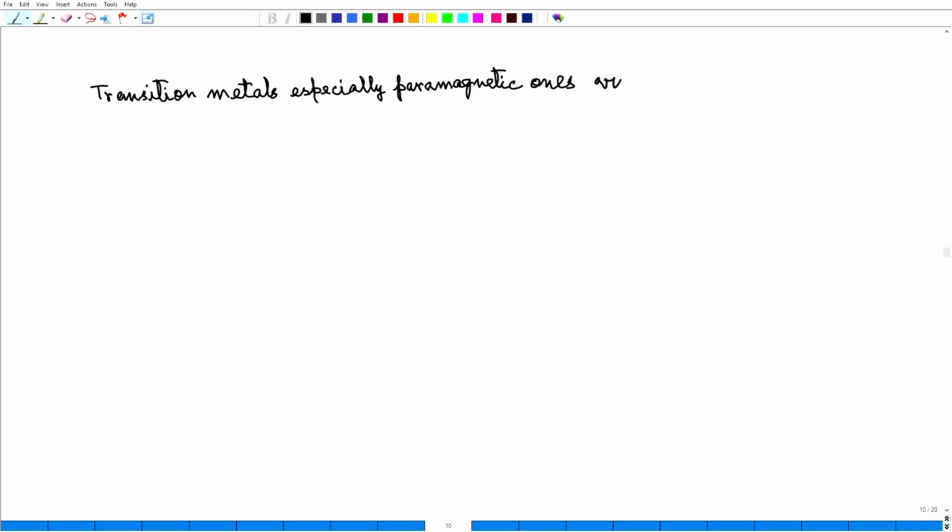Quench means if something gives fluorescence, then if a transition metal is there, it will quench that. I am coming to that. Quench fluorescence. Okay, that is the problem.